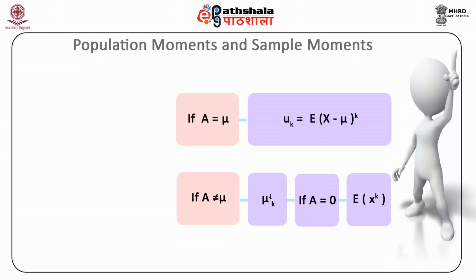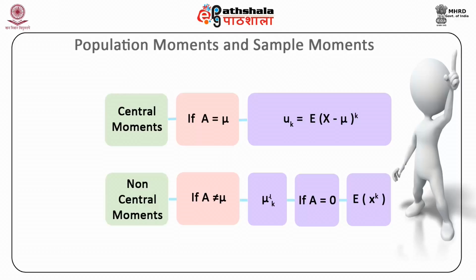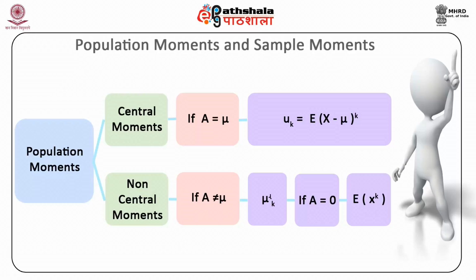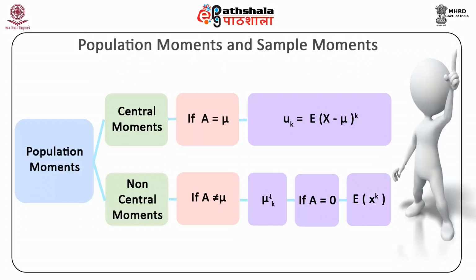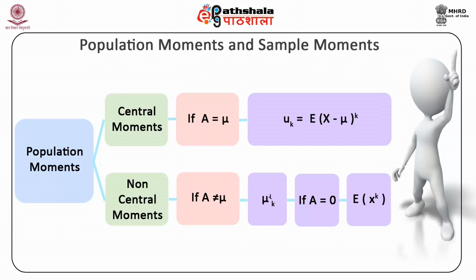So it may be noted that the first central moment must always be 0, and the second central moment gives us the variance of the population distribution. The third and the fourth central moments are the absolute measures of skewness and kurtosis, which is nothing but peakedness of the distribution.